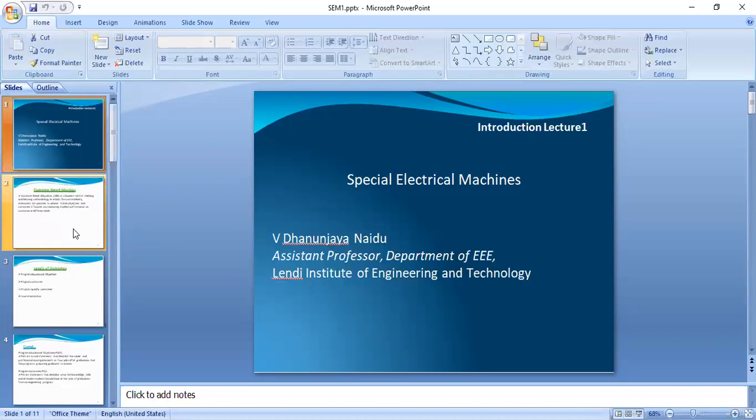But in a conventional machine like the three-phase induction motor, we apply the AC supply to the three-phase windings of the stator at the same time. So all three windings, phase A, phase B, phase C, are energized together. In special electrical machines only a few stator windings are energized at a particular time. Are you getting me? That is the difference in energizing between special electrical machines and conventional machines.